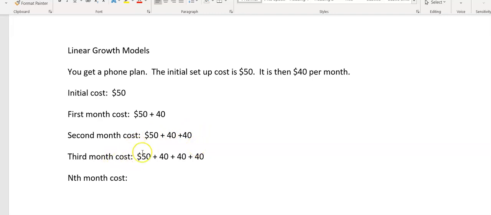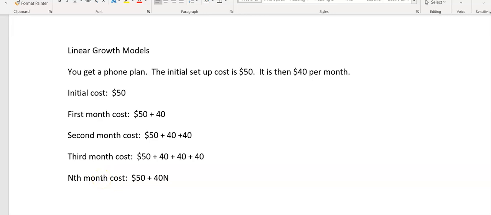The third month, we've spent the initial $50 and we've spent $40 times 3. So our nth month, we can come up with a formula: $50 plus 40 times n. 40 times 3, 40 times 2, 40 times 1, no matter what month we're looking at.